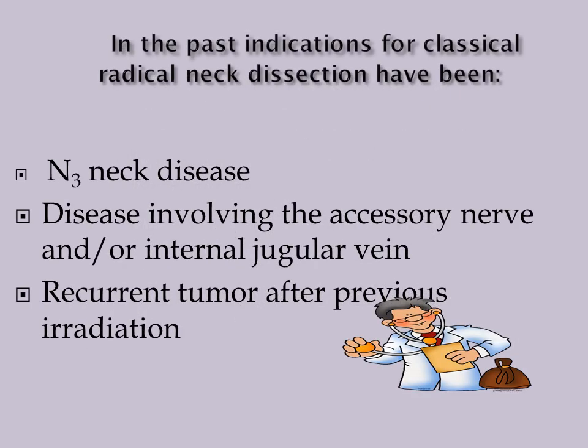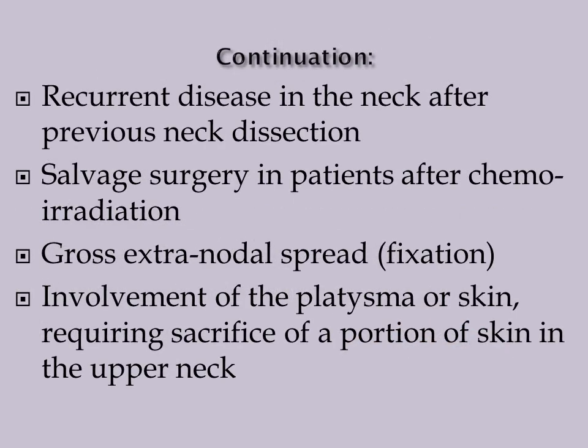In the past, indications for classical radical neck dissection have been bulky neck disease, disease involving the accessory nerve and/or internal jugular vein, recurrent tumor after previous irradiation, recurrent disease in the neck after previous neck dissection, salvage surgery in patients after chemoirradiation, gross extranodal spread or fixation, involvement of the platysma or skin requiring sacrifice of a portion of skin in the upper neck.